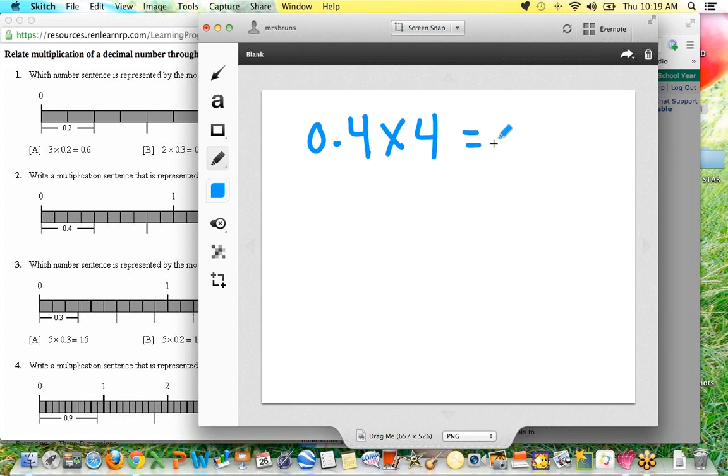All right, this is probably mental math. When you're doing a problem this simple, you would just look at the 4 times 4 first, and that's 16. But what did I just say about decimal points? How many digits come behind the decimal in my problem?